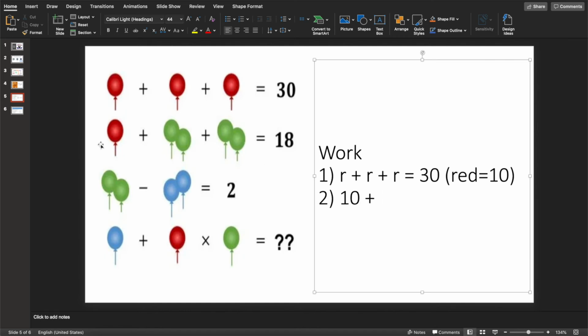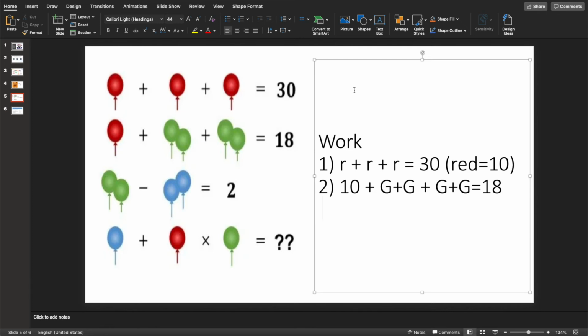All right, so I have red plus G plus G, green and green, plus green and green. And all of that equals 18. All right, now this is going to take a little more work. Let's look at this.